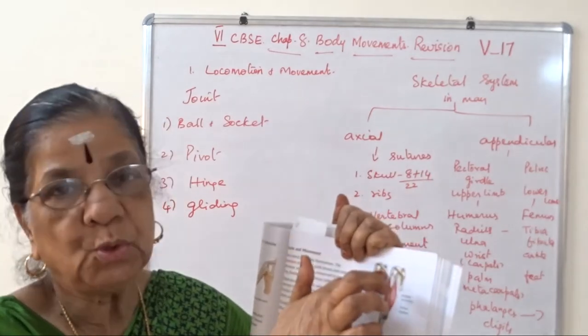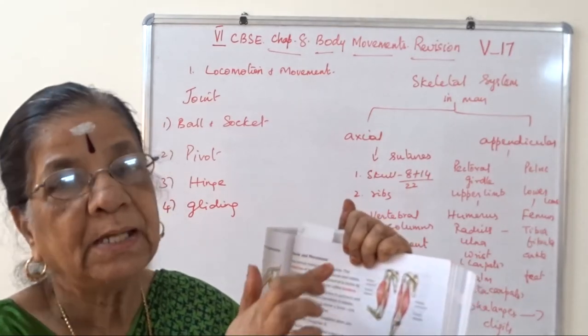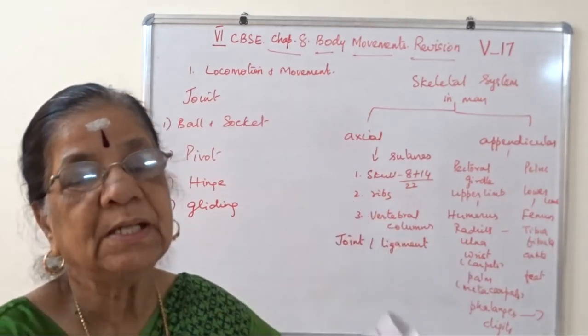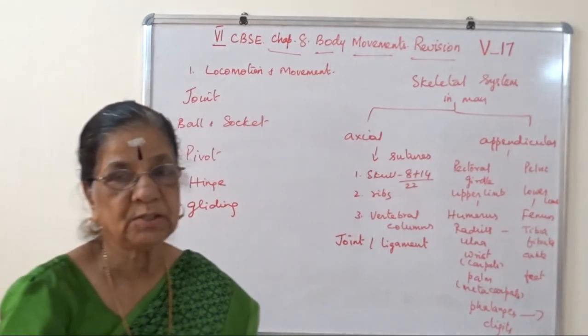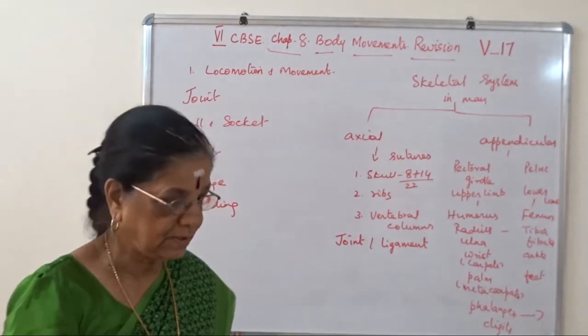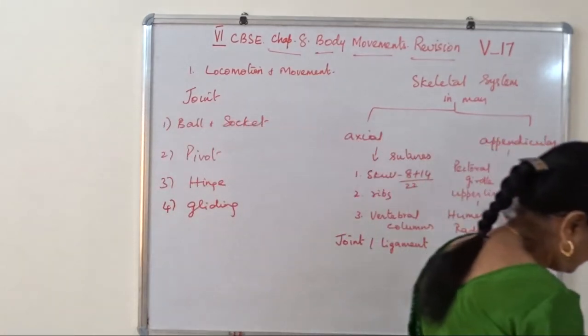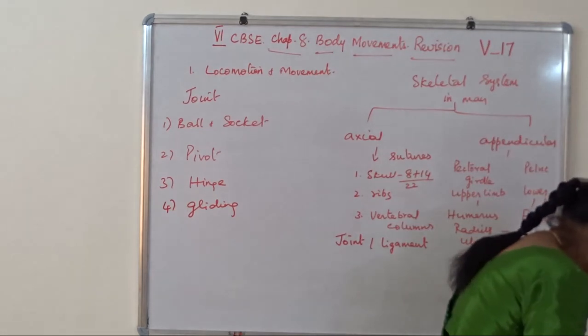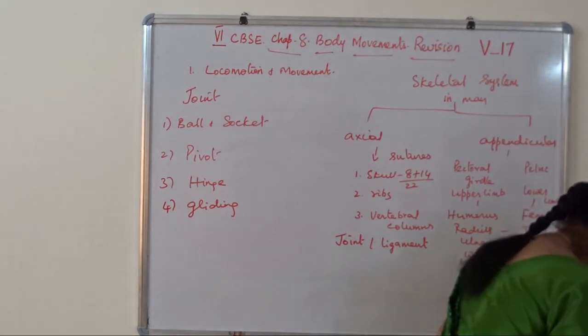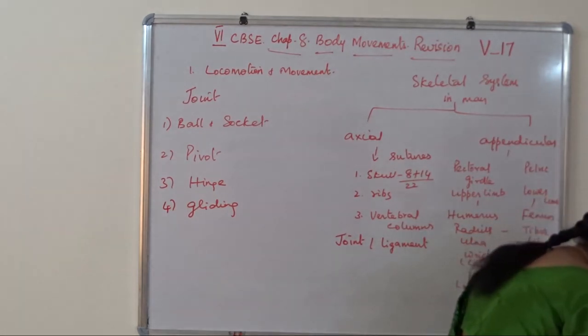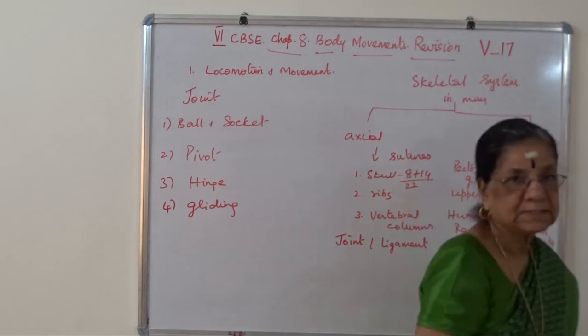Whereas bone to bone attachment is ligament, and muscle to bone attachment is called tendon. I hope you understand. So this is for the muscular system. We are in coordination with the muscular system.